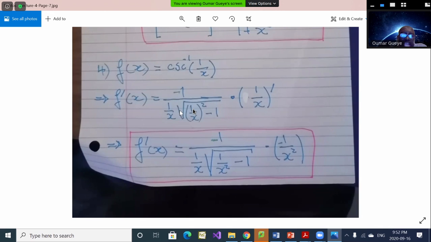And you substitute x by 1 over x because of this inner function, times the derivative of 1 over x. And here we copy the same thing. And so 1 over x squared stays as 1 over x squared. And when you calculate the derivative of 1 over x, it becomes -1 over x squared. And you're done.